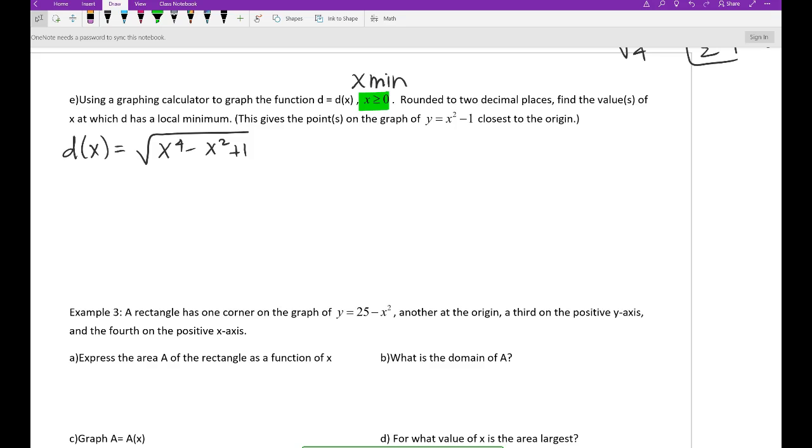Zoom fit. So 0 for x min, because the problem said so. X max was decided by one of us. Oh, unhighlight the plot.